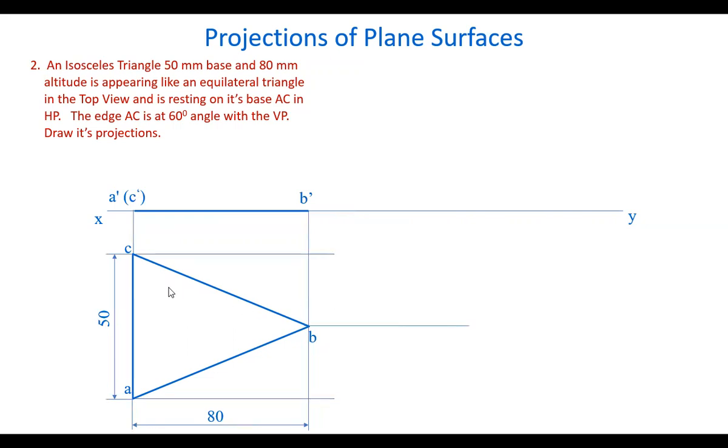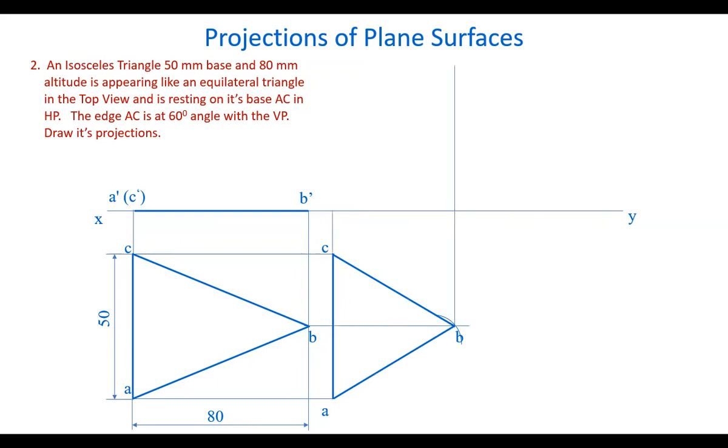Let's take the same top view here and draw an equilateral triangle first, having all the sides 50 mm. This is 50, 50, 50. All the sides are 50 mm. And let's draw the top view. An equilateral triangle is drawn. Next, from this, we draw the front view.